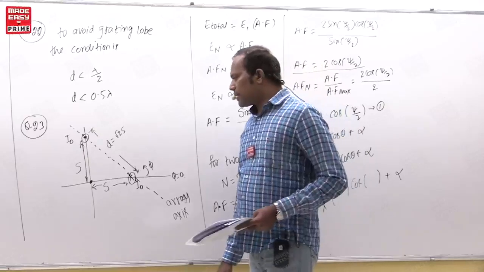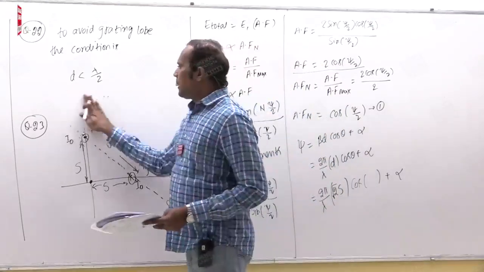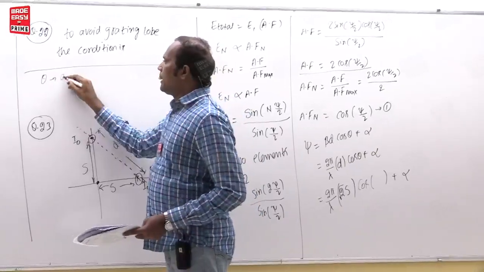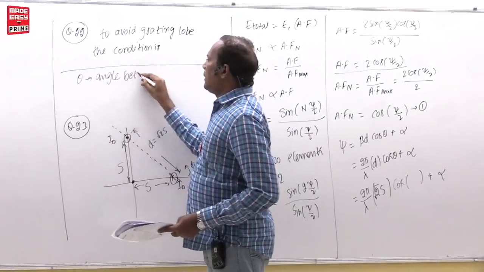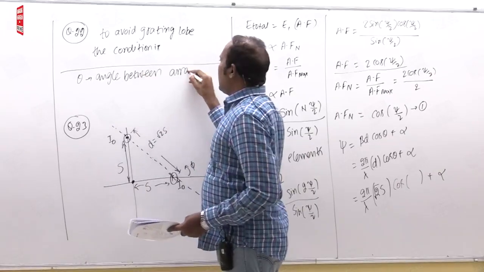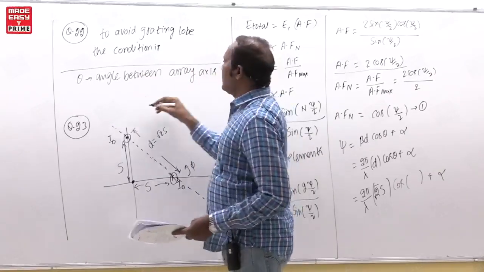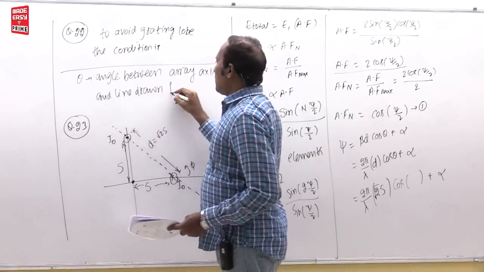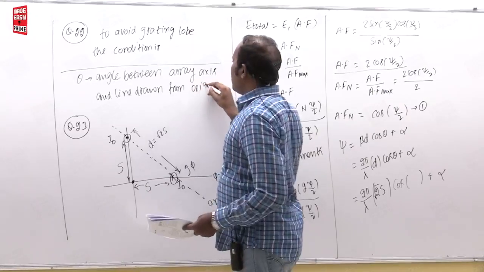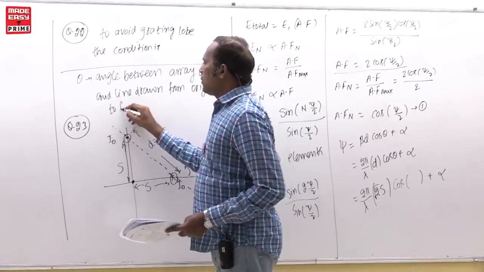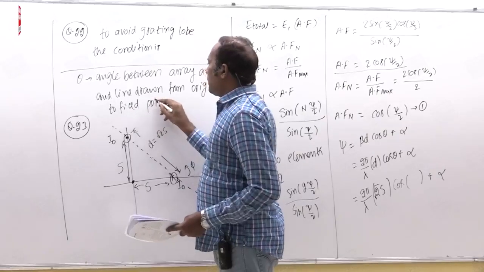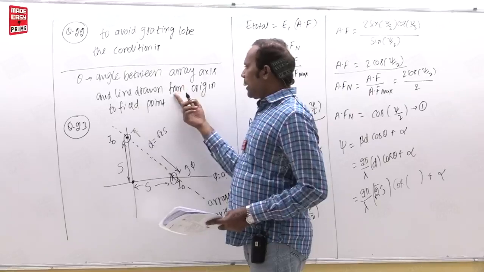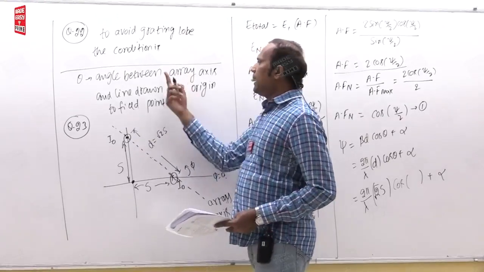So once again I am writing here: theta is the angle between the array axis and the line drawn from origin to field point, or otherwise the angle between a line drawn from origin to field point and the array axis.